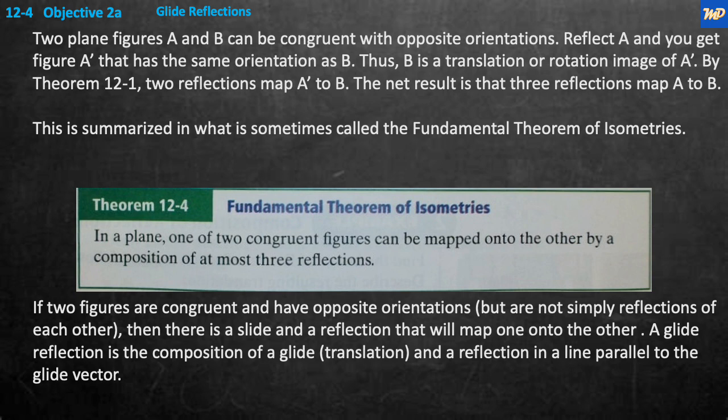Reflect A and you get A prime. That has the same orientation as B, because B has an opposite orientation of A. I said that in the beginning.